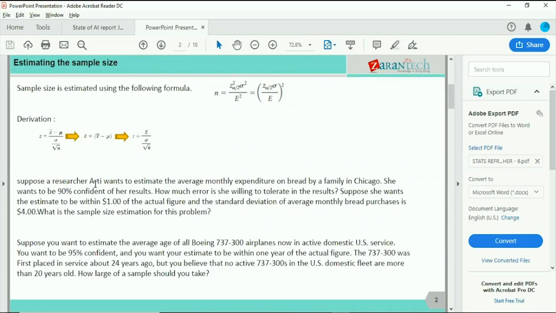Suppose a researcher, RT, wants to estimate the average monthly expenditure on bread by a family in Chicago. She wants to be 90% confident of her results. Now, how much is the error she is willing to tolerate in this result? Can someone answer this?